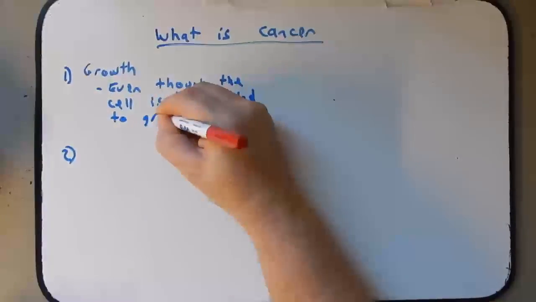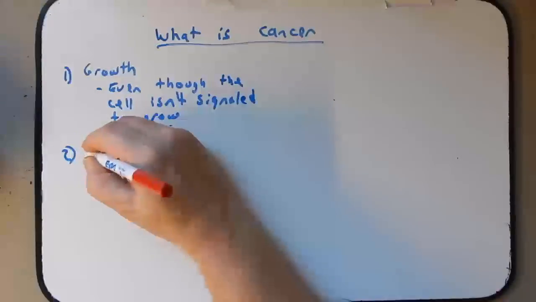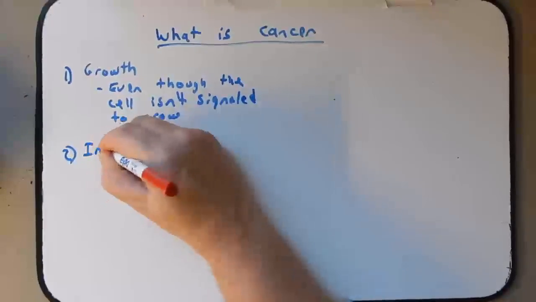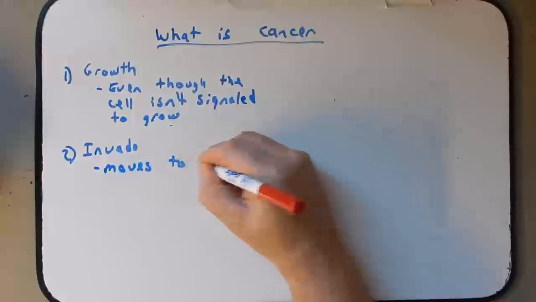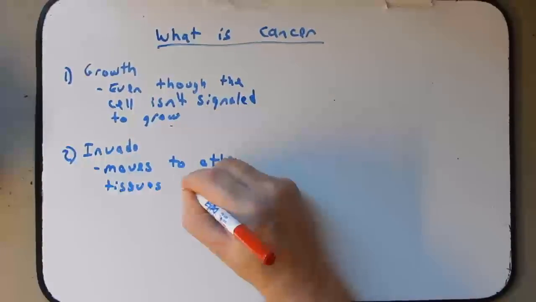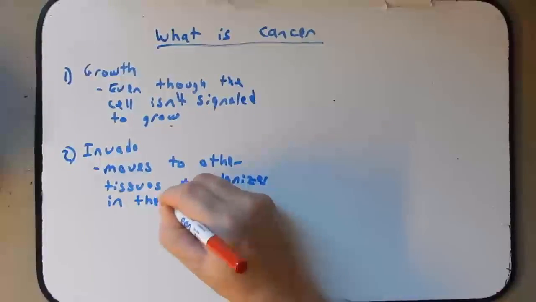The cell's receiving every signal to not grow or to die, but it's ignoring those signals and it continues to grow. And the second feature of a cancer is that it invades. It moves to other tissues and colonizes in these other tissues.